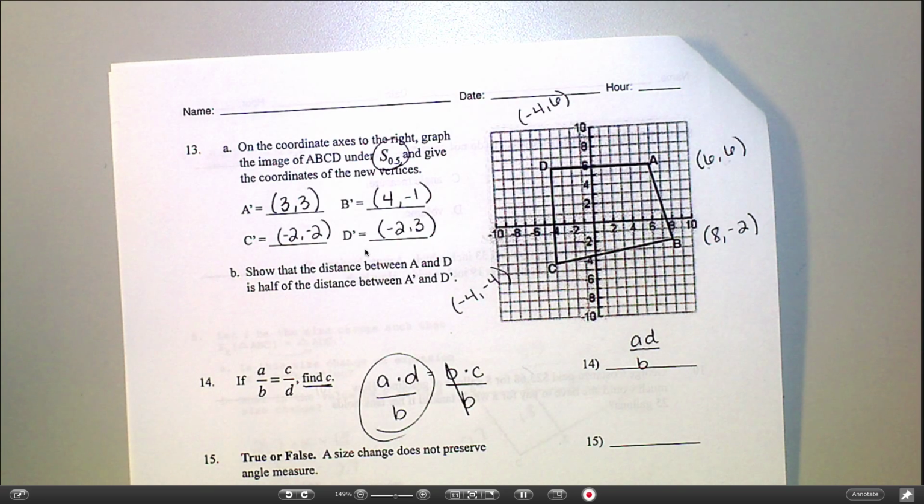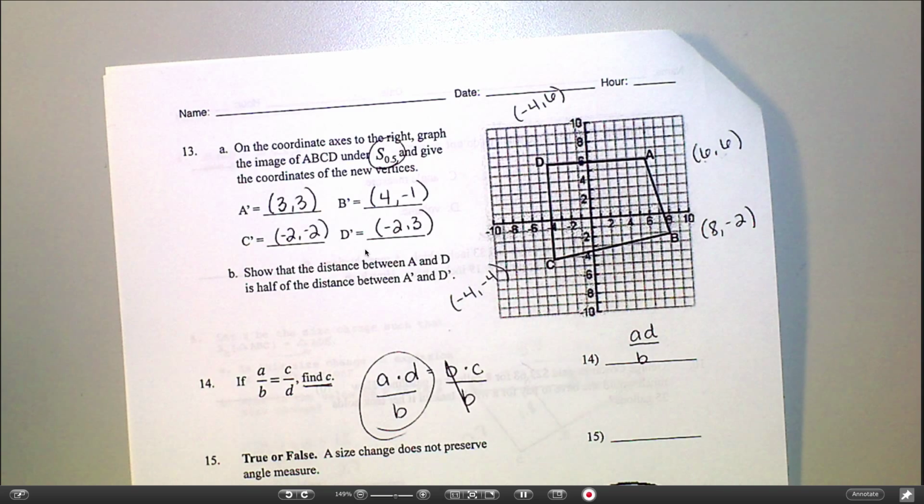Right? Okay. Then it says, show that the distance between A and D is half the distance between A prime and D prime. Okay, here's the thing. We should have to break out our whole distance process, right? Subtract the x's, subtract the y's, do Pythag. Why could I get away without doing that here?